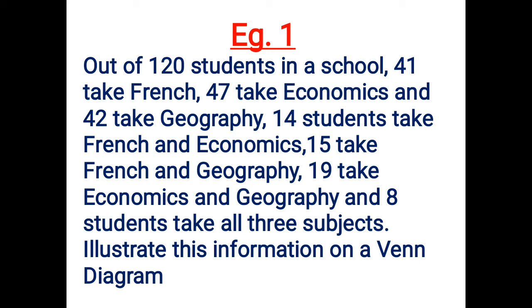So first, look for your universal, the total. Second, look for the full circles. Third, look for the intersection of all the 3 circles, or the number of students who read all the 3 subjects. Then you come to those who read 2 subjects. Not only 2 subjects, but those who read 2 subjects. Then you come to only 2 subjects.